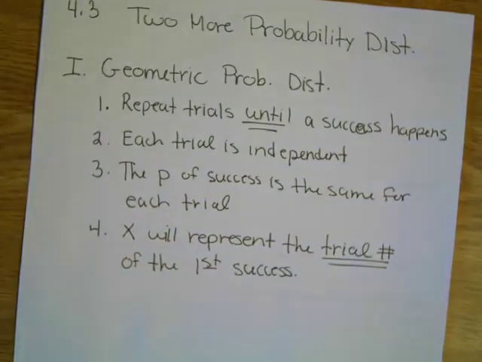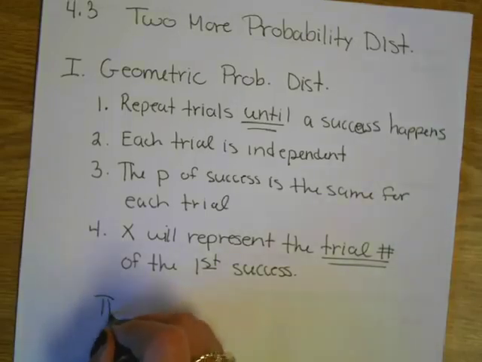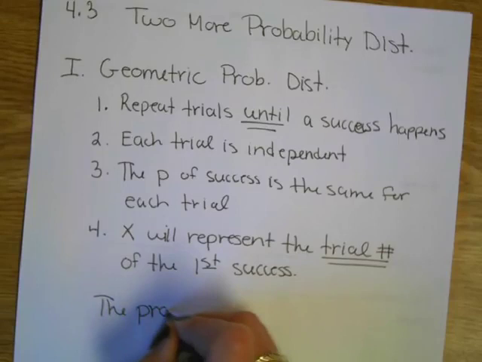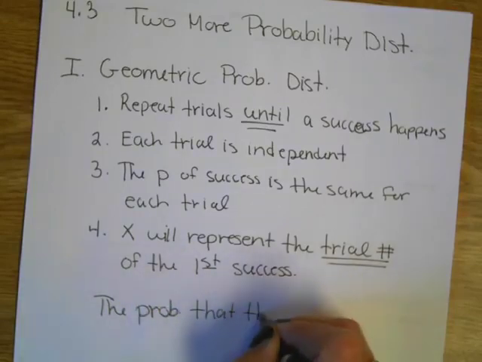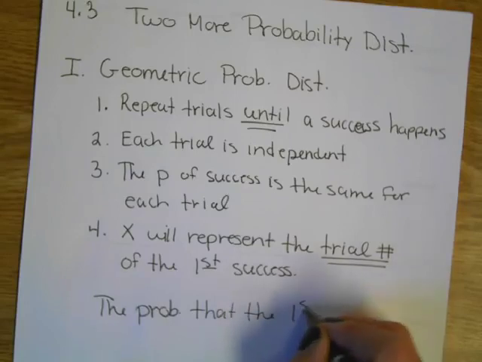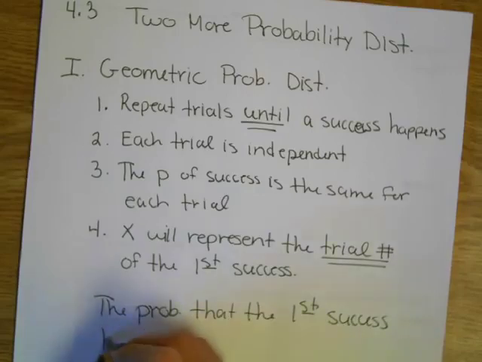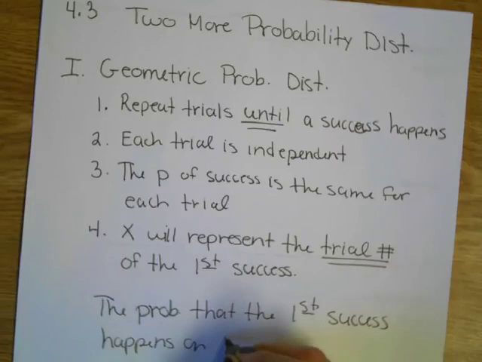So, our formula for this: the probability that the first success happens on trial number x is given by this formula.